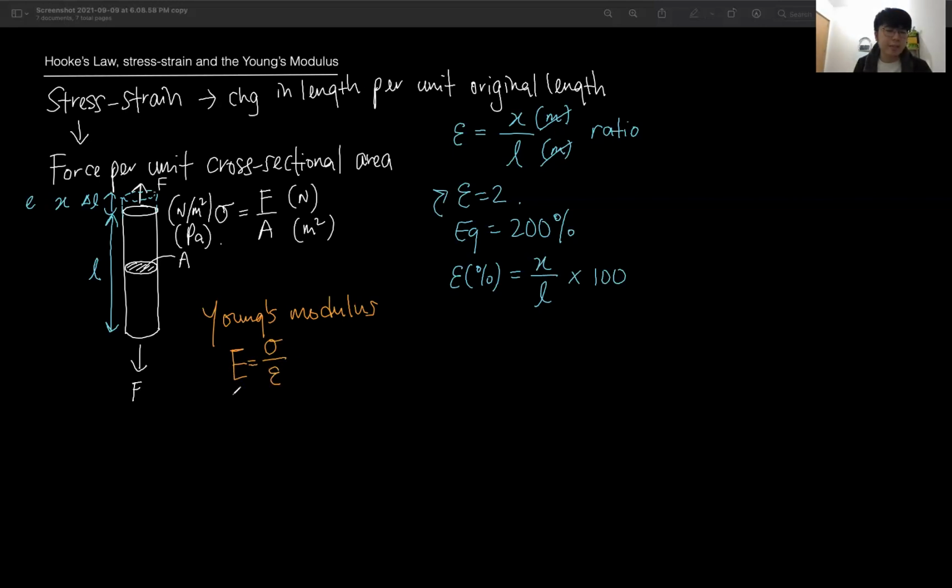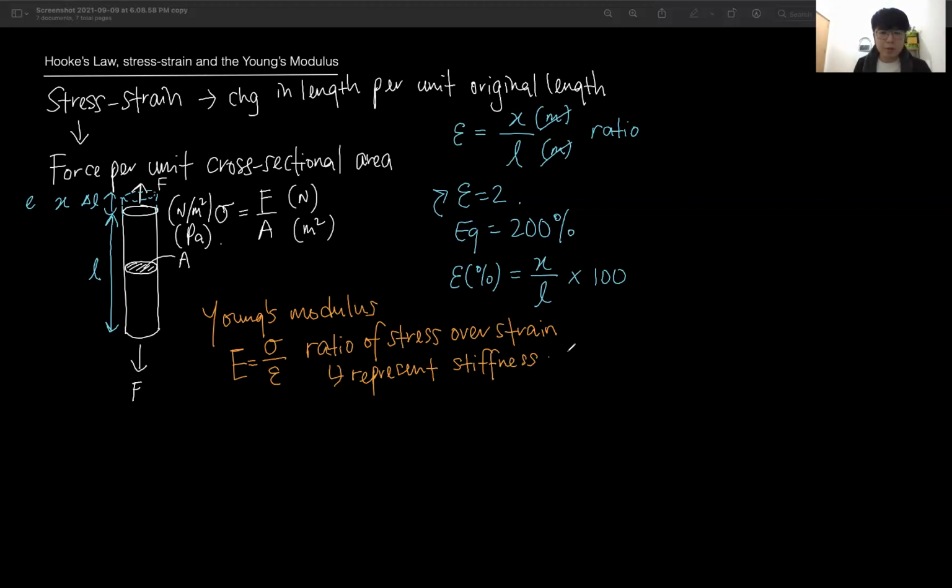It is given by the symbol capital E. The Young's modulus of a material is the ratio of the stress to the strain. So I'll write here, ratio of stress over strain. What does it represent? It represents stiffness of a material.